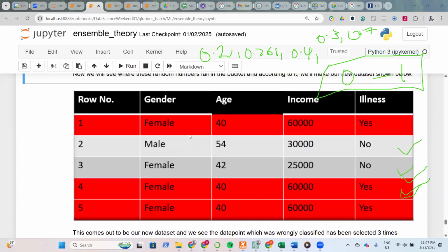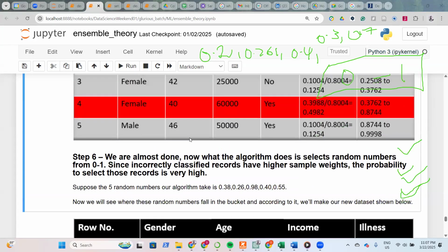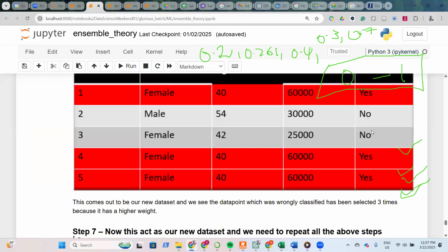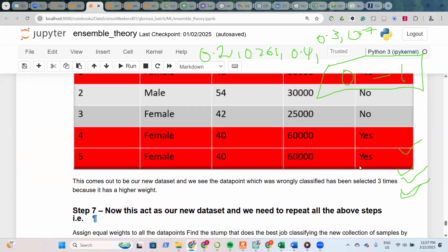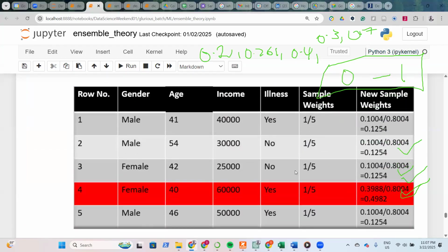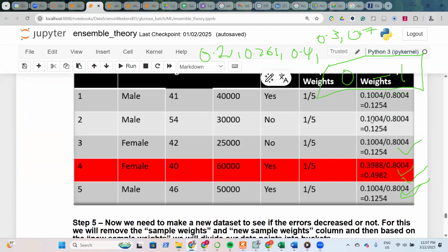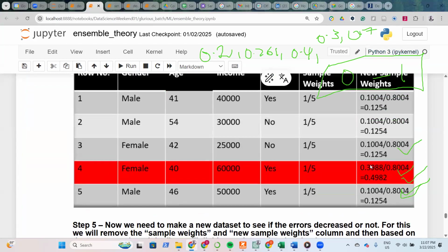Okay. So now let's take the first random number. This first random number, 0.38, falls in the fourth bucket.